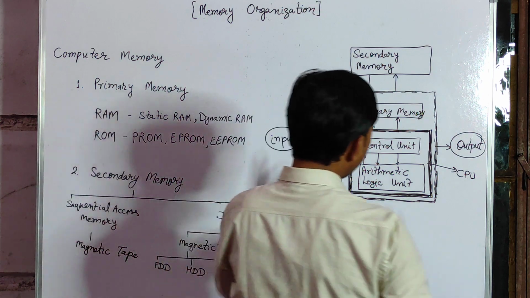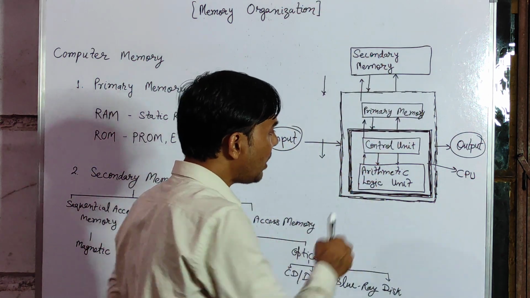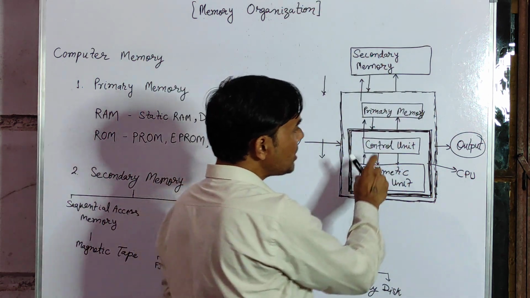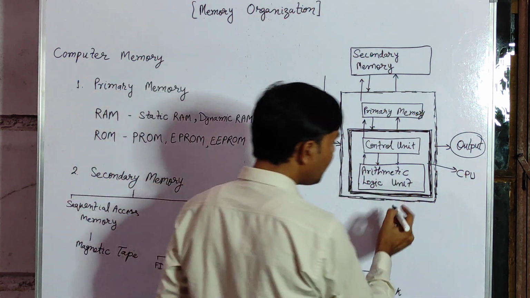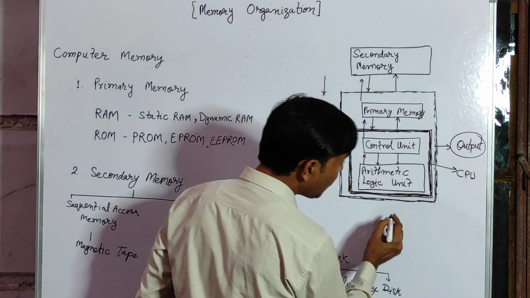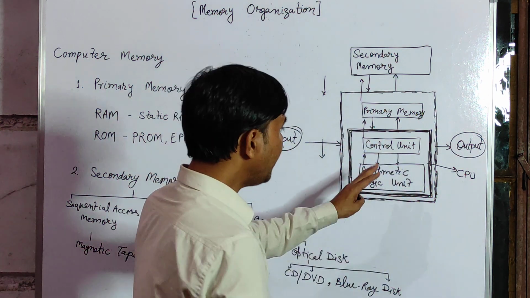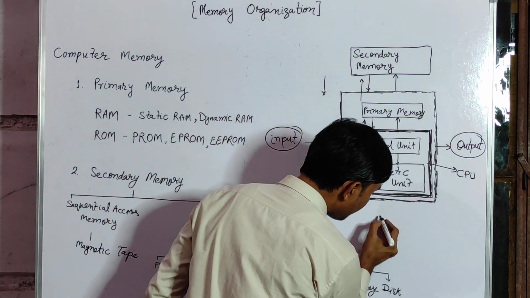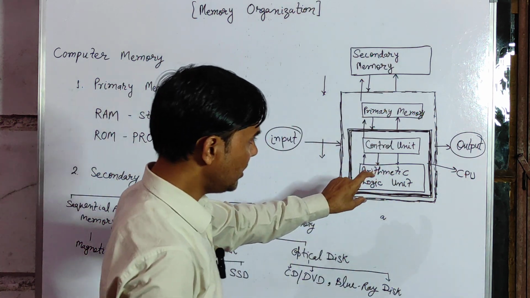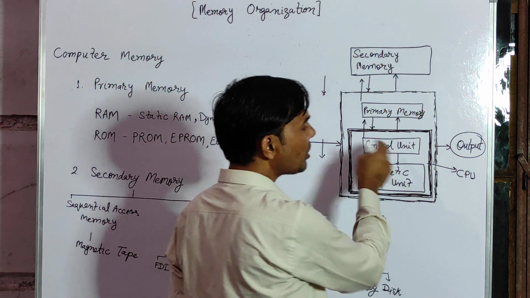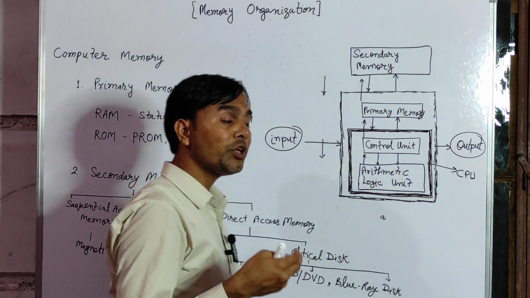Now, as we were discussing the operations in the CPU, the arithmetic logic unit. Suppose we are working with the data and processing is going on, and the ALU requires a particular value which is not available here. It will pass the control to the control unit and ask for the value.